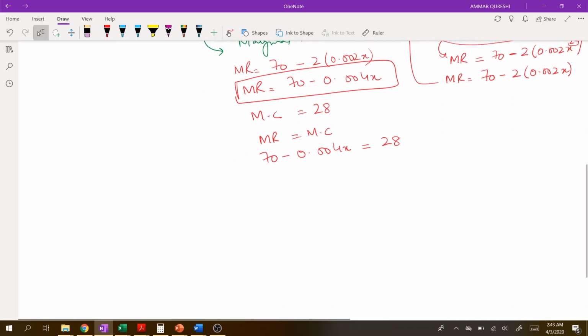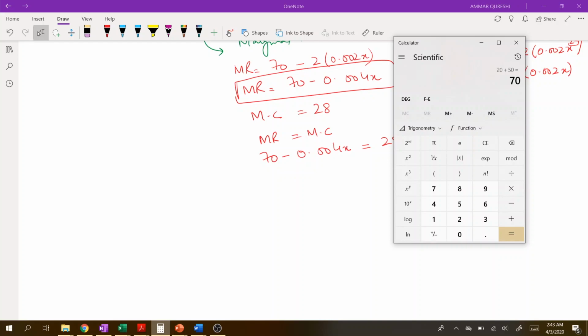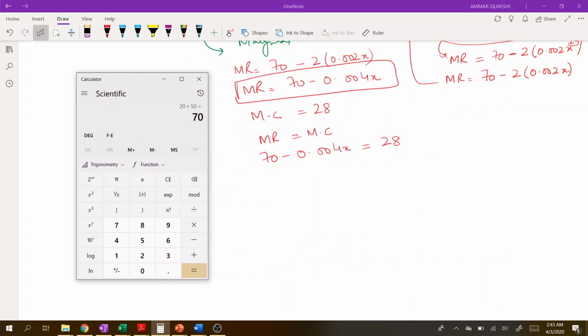This means you just need to solve this equation. I'm doing it directly on my calculator. 70 minus 28 is equal to 42, divided by 0.004 is actually equal to 10,500, right?